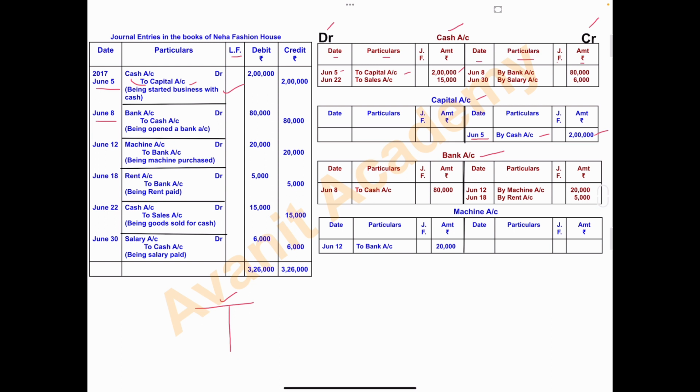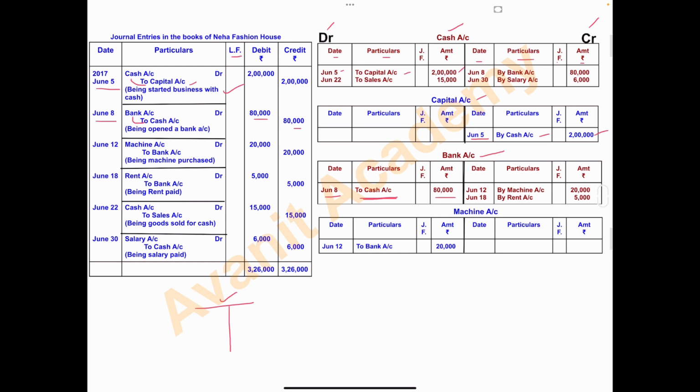The bank account is debited. So on the debit side we have to write on June 8th to cash account. On the debit side you have to write 'To' and when you are passing the entries on the credit side you have to write 'By'. Understand? So this bank account is debited to cash account and the amount is 80,000.